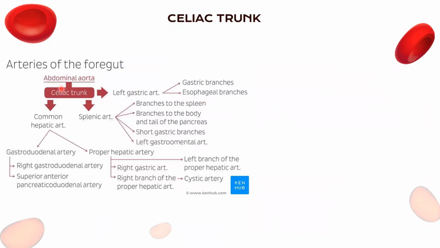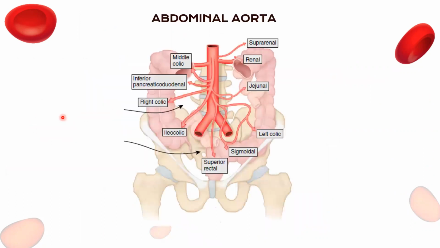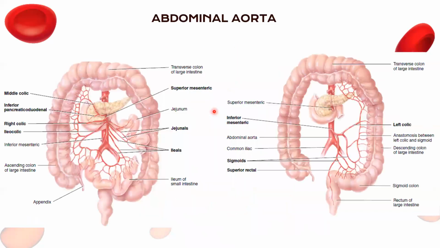Celiac trunk, the mnemonic for the branches of the celiac trunk is let's go straight home: left gastric, let's go straight splenic artery, home would be your common hepatic artery. Okay, this is your abdominal aorta. Then celiac, superior mesenteric artery will supply your midgut.